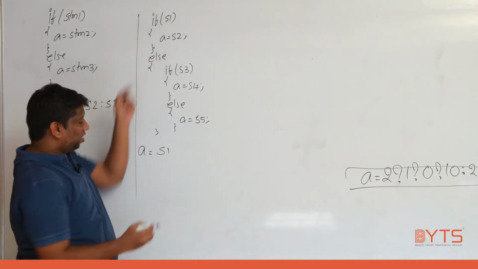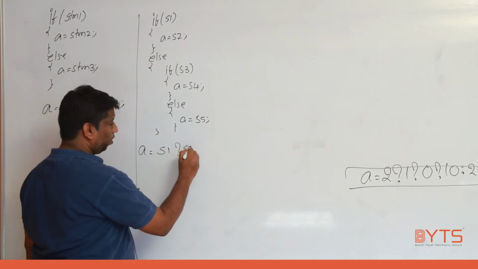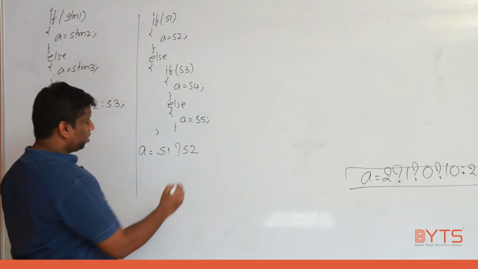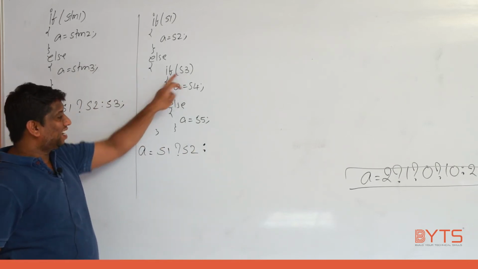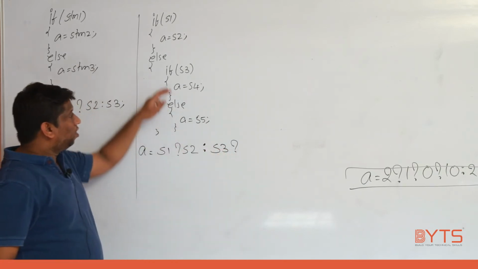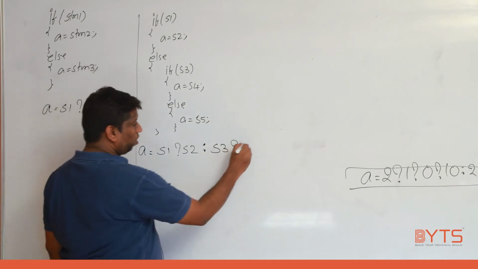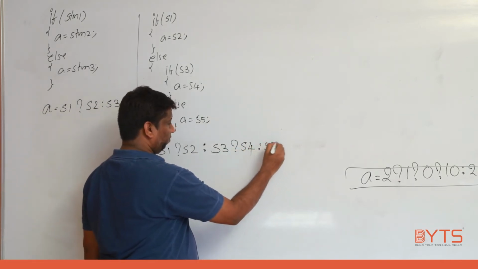Statement 1 is a condition, that is the reason for the question mark. True means what? Statement 2. False means come to else. Else means always you need to write colon. In the else, again statement 3 is a condition. That is the reason what should I do? Statement 3 question mark condition true statement 4. Else is what? Colon statement 5.